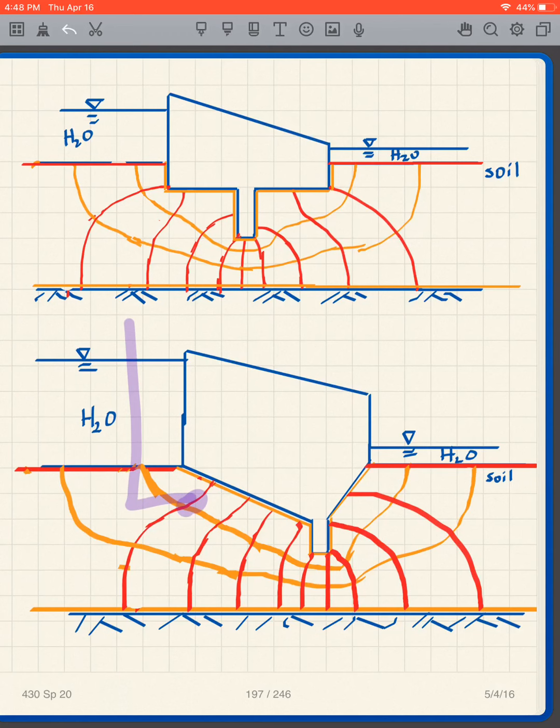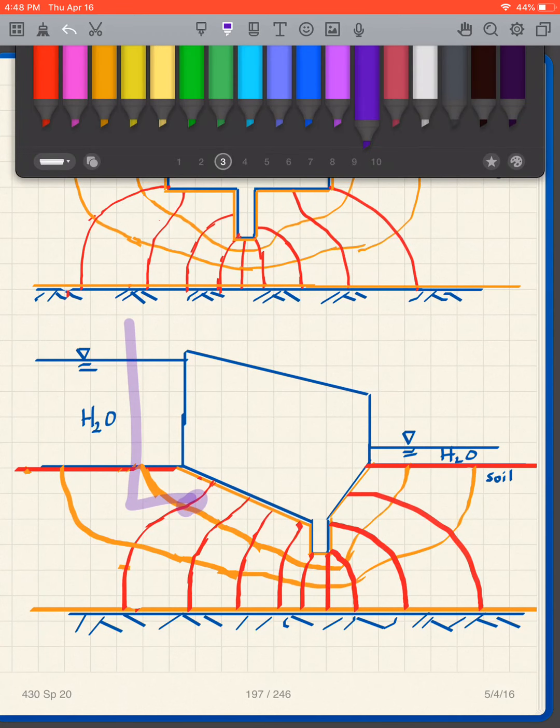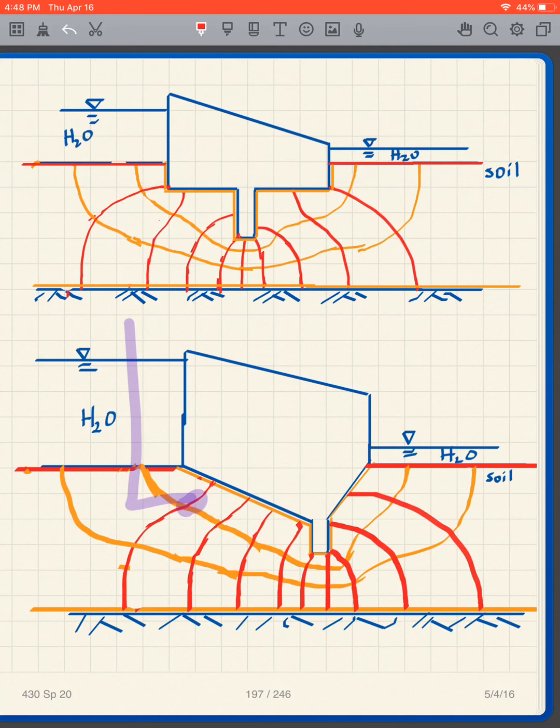And then what we would find is that the water level in that plastic tubing, for instance, would go to this level. So in other words, we could measure the water level in that plastic tubing.